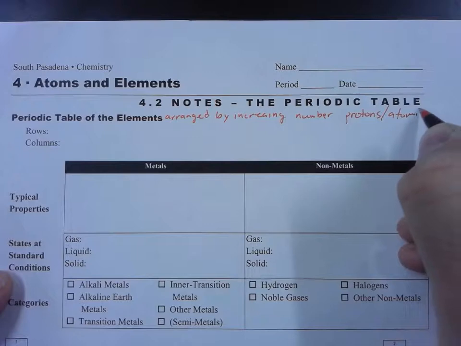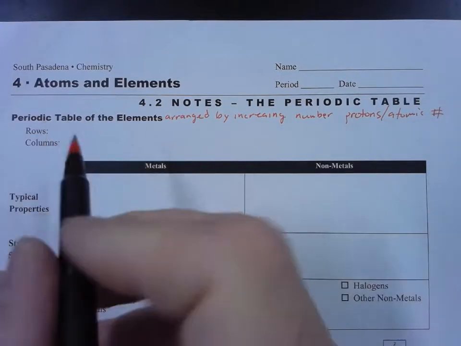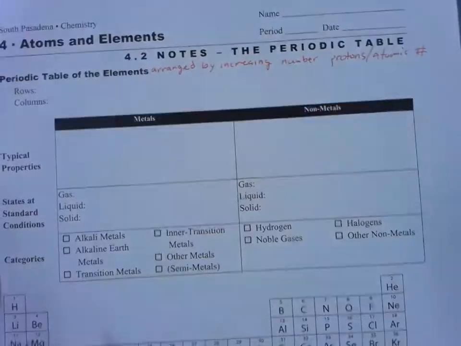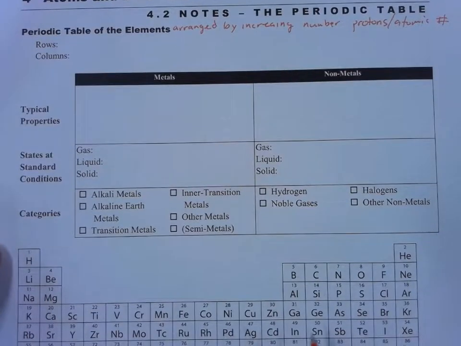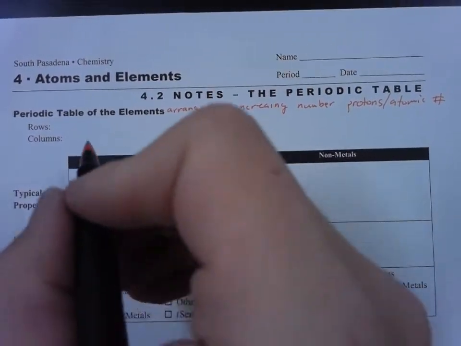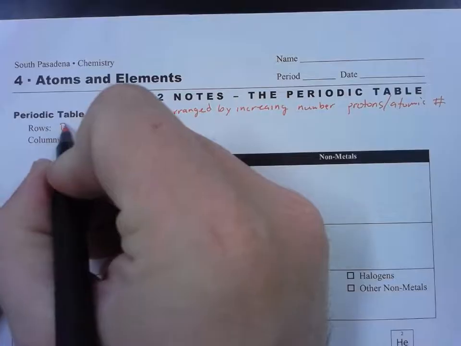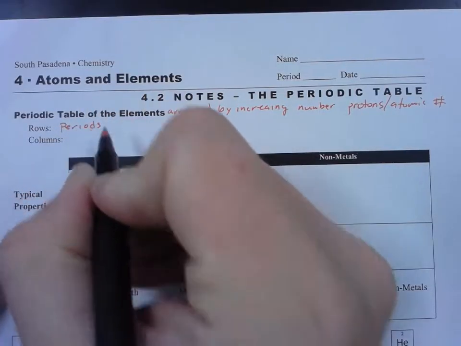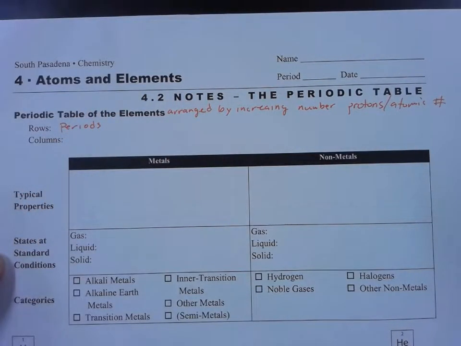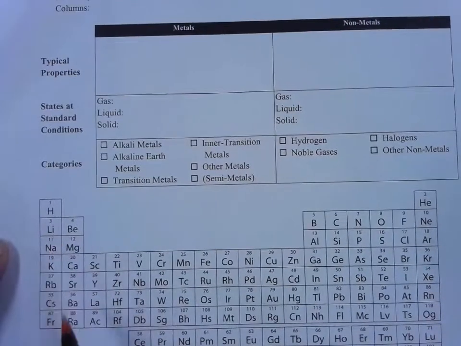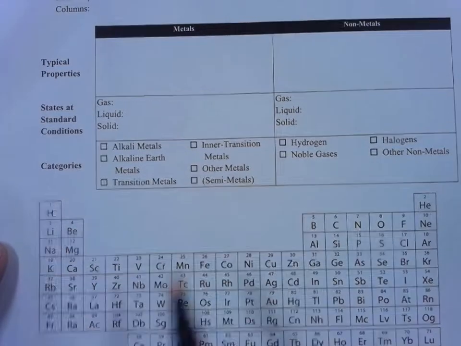Atomic number, okay? The rows in the periodic table are called periods. And the columns in the periodic table are called groups or families.